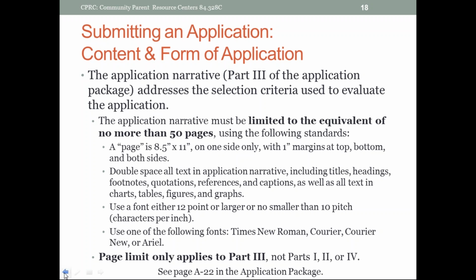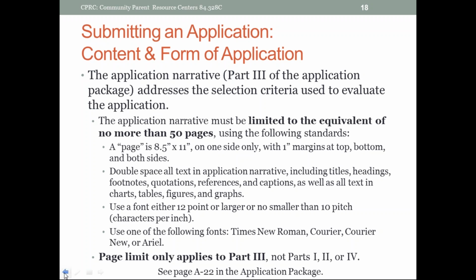But be judicious in what else you put in other appendices, okay? And in keeping with being judicious, make sure that your reviewers don't have to scramble too much in order to put together the information, okay?